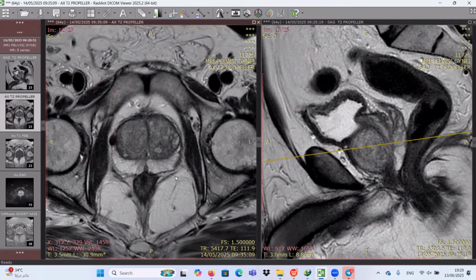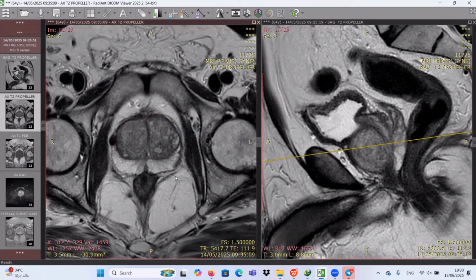I would like also to highlight that this anterior fibromuscular stroma should be smooth in outline and symmetrical on both sides. Normally, it displays dark signal intensity in T2 weighted images, and as you can expect, a neoplastic lesion most probably displays low signal intensity.